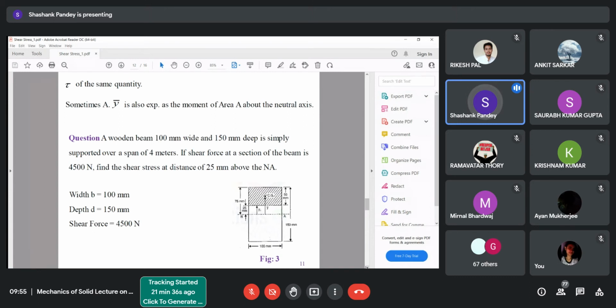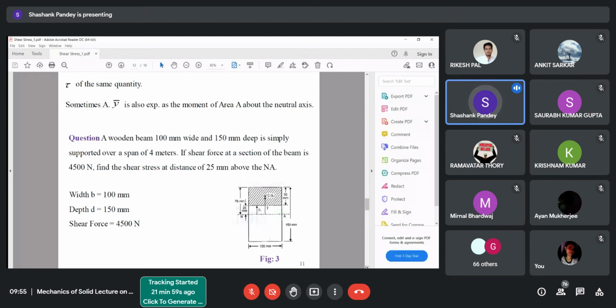So let us proceed towards one numerical. What we have studied, we will solve with one numerical. A wooden beam, 100 mm wide and 150 mm deep, is simply supported over a span of 4 meters.